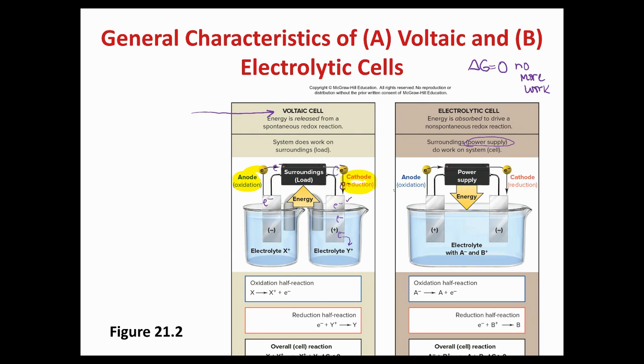The anode is still oxidation and the cathode still reduction, but you're going to force the electrons into this system. Okay. We'll come back to this conceptually. So this guy's just in concept you need to know. So we'll finish it up at the end. But voltaic cell is really, really important in terms of calculation and concept.